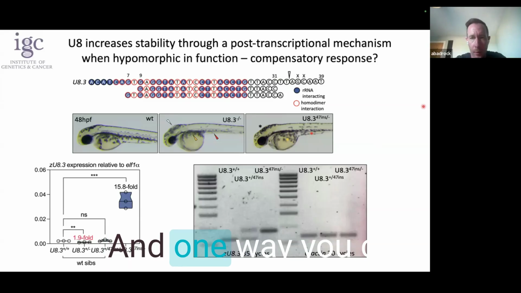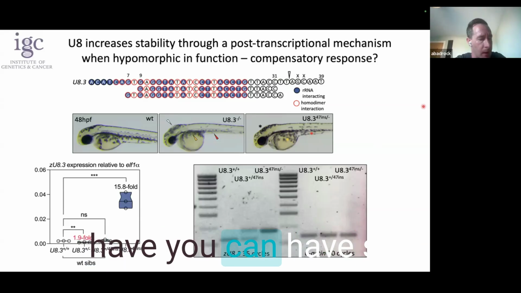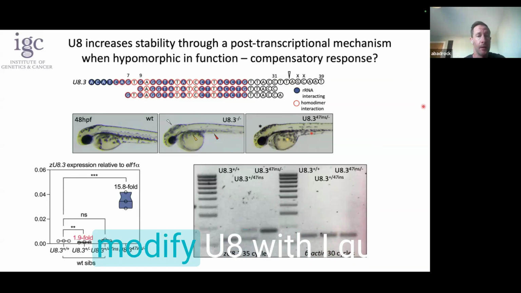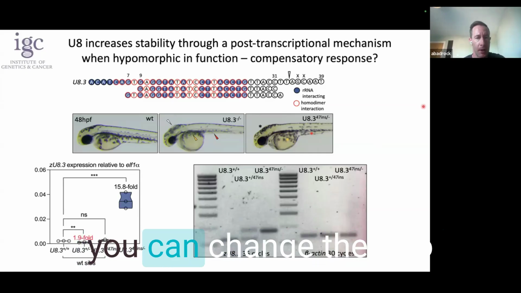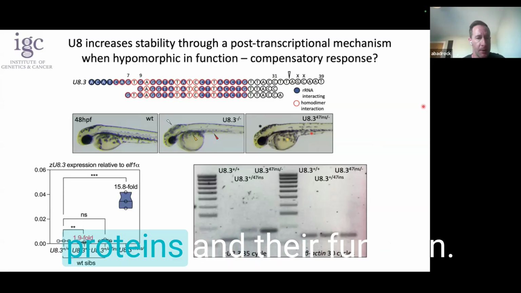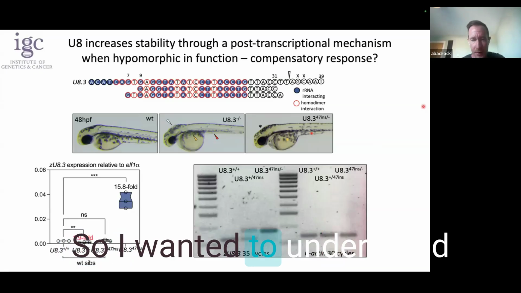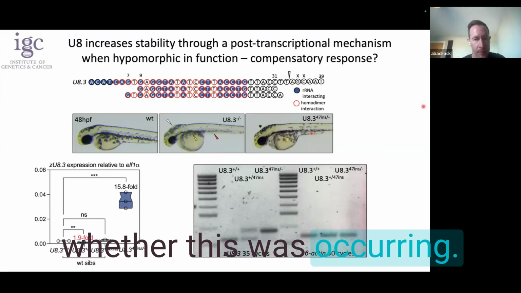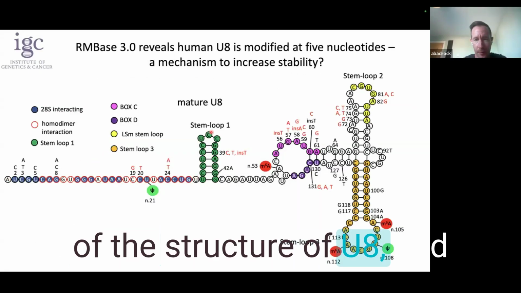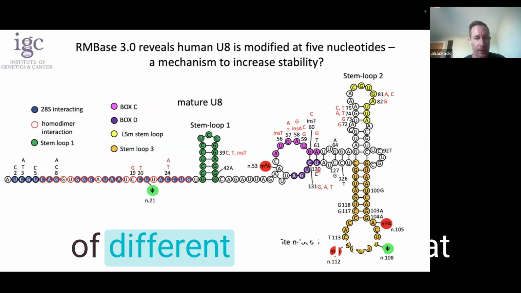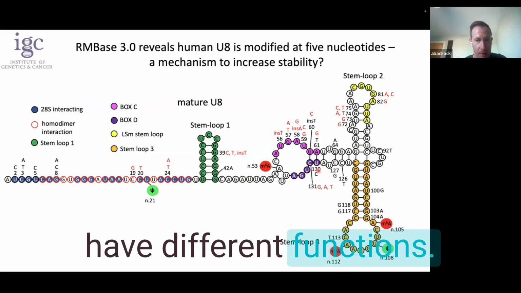And one way you can have such a mechanism is if you modify U8 with, I guess, chemical modifications, and if you can change them to change their interaction with proteins and their function. So I wanted to understand whether this was occurring. And so this is a diagram of the structure of U8, and I've color-coded a bunch of different structures that have different functions.